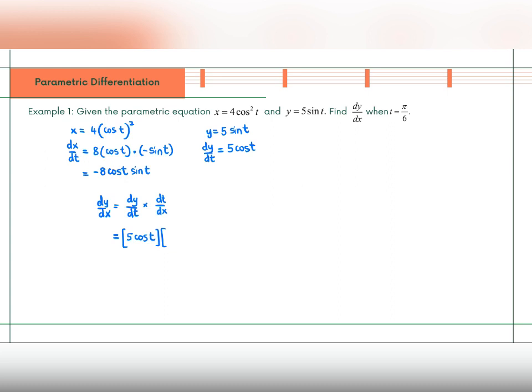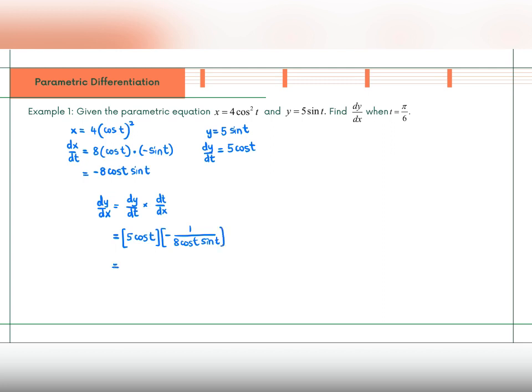The one that we have here is dx over dt. So nak dapatkan dt over dx, just jadikan dia 1 per dx over dt. So kat sini kita ada negative 1 over 8 cos t sin t, close bracket.